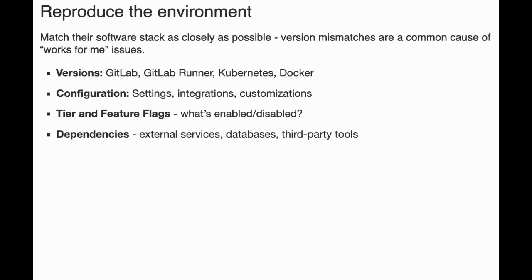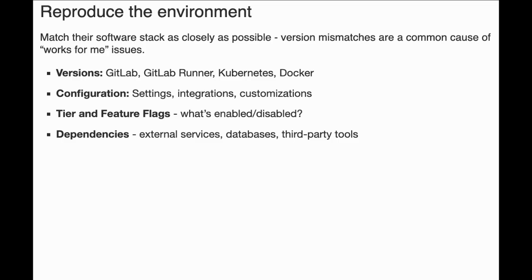Reproduce the environment. Match their software stack as closely as possible. Version mismatches are a common cause of works for me type of issues. And here are some things about the environment you should consider, like versions. This can be versions of GitLab, GitLab Runner, Kubernetes, Docker, pretty much everything that is within the scope of the problem.